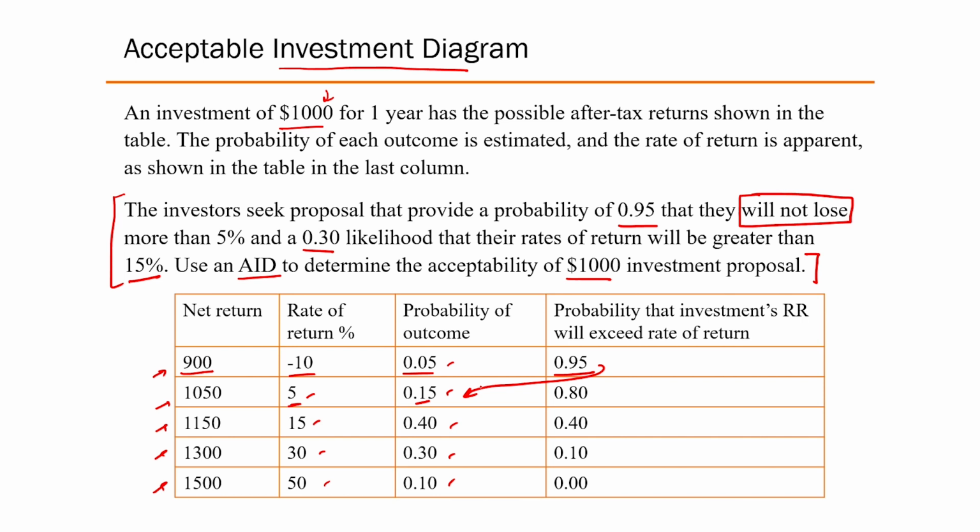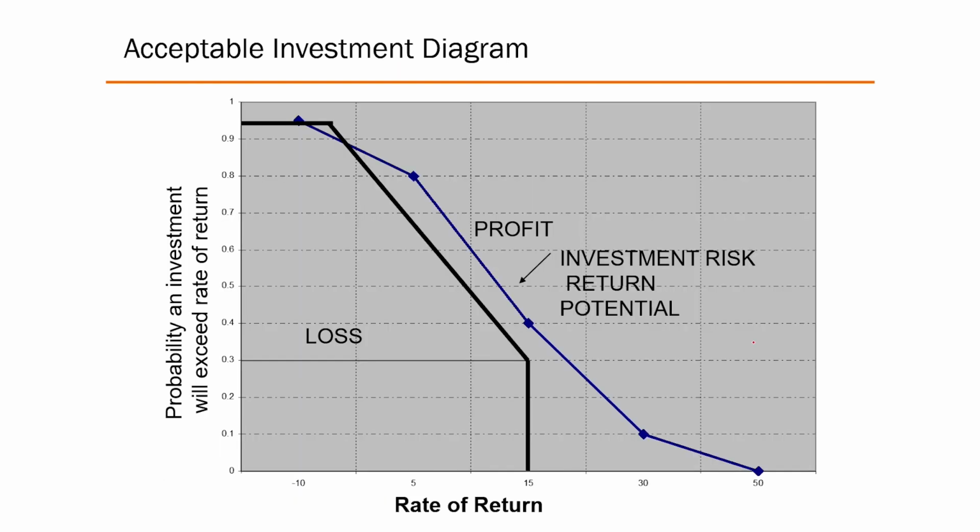Basically cumulative probability, but I'm subtracting this from 1 and gradually keep on subtracting, so you generate this kind of a profile. Now you simply plot the rate of return and the probability on the curve. So this particular blue line is what we are getting. I'll show you some of the points. Again, this is not continuous, you can make it continuous rate of return, not a problem.